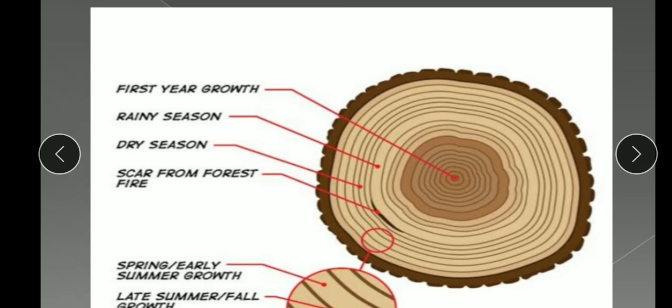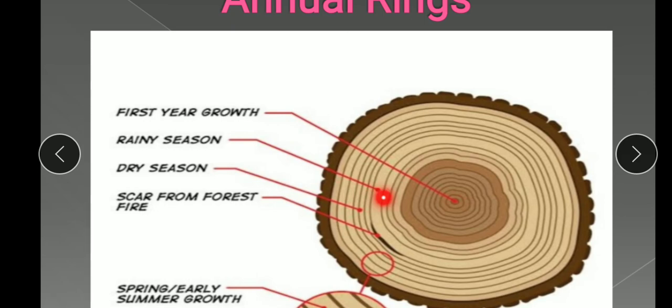Here you will see that in the area where there is plenty of rainfall, an annual ring consists of hard wood and soft wood. You can see here the rainy season rings which are formed have hardwood and softwood both. Since each annual ring corresponds to one year's growth, by counting the total number of annual rings, the age of the tree can be approximately determined.